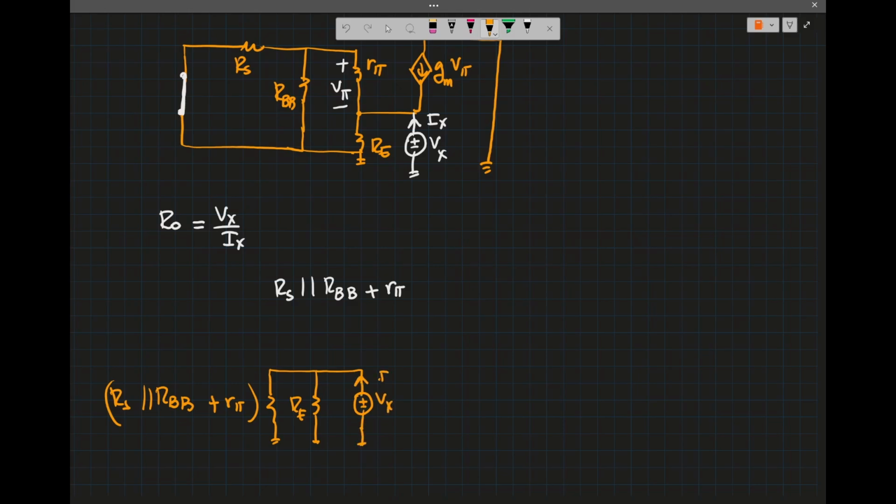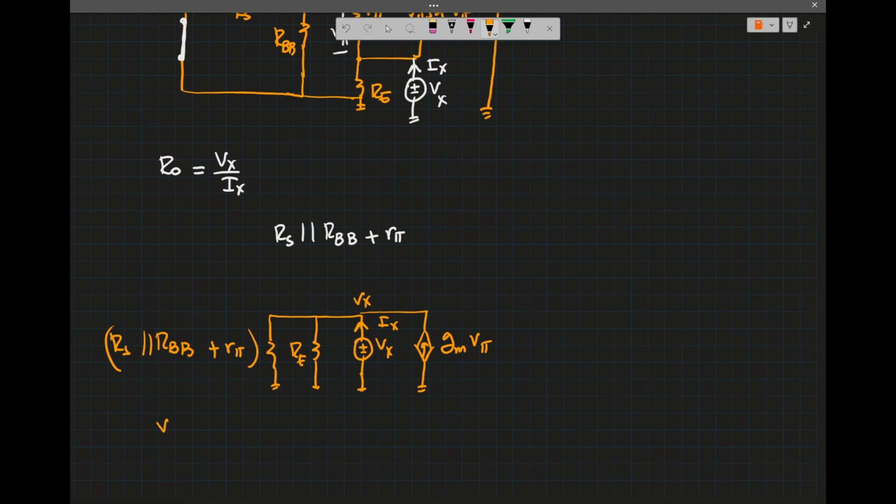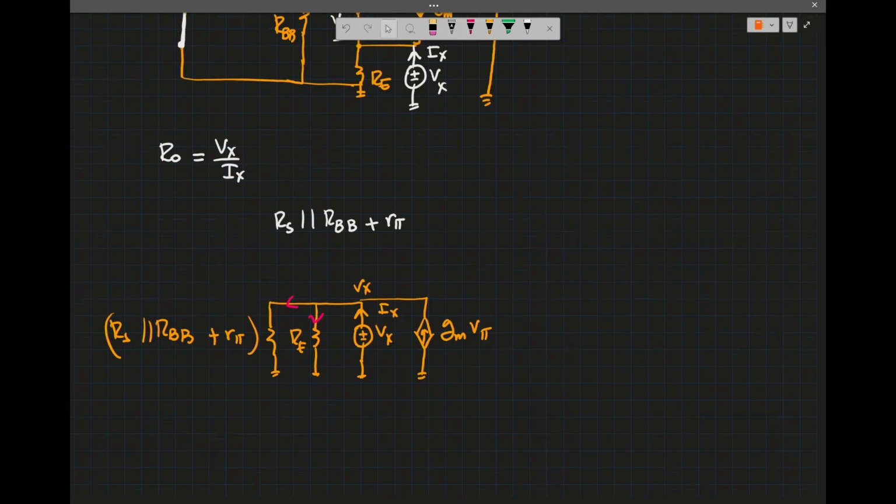The current supply is Ix, and then we have this current source, which is gm V pi. So the sum of the currents coming to the node equals the sum of the currents leaving the node.